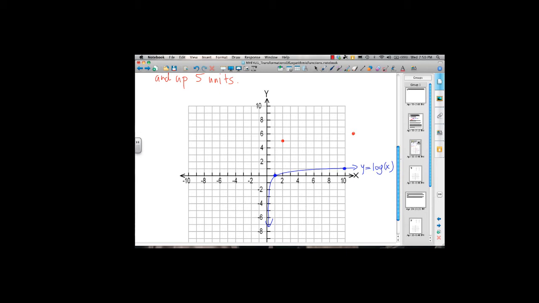One other thing to consider here, because I have translated this function to the right, it does have a vertical asymptote already. I'm going to picture it used to be the y-axis. So it might be useful to envision 1 unit over, if I translate, so on the left as I get closer here, the function would have to look like that.